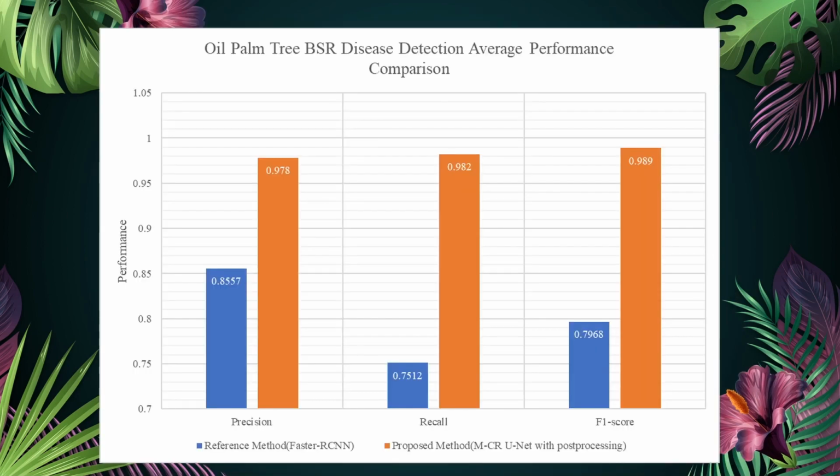And we show that our proposed method actually gives a better result as compared to the traditional object detection method, Faster R-CNN, in terms of precision, recall, and F1 score.